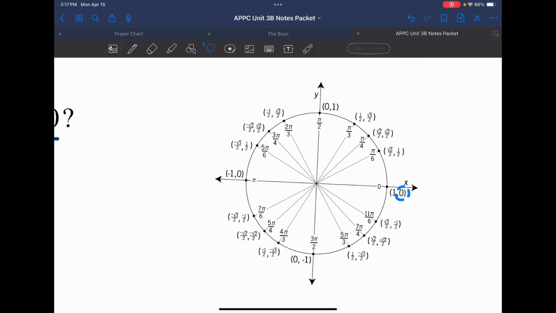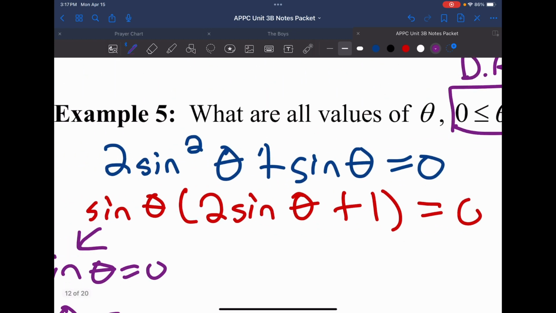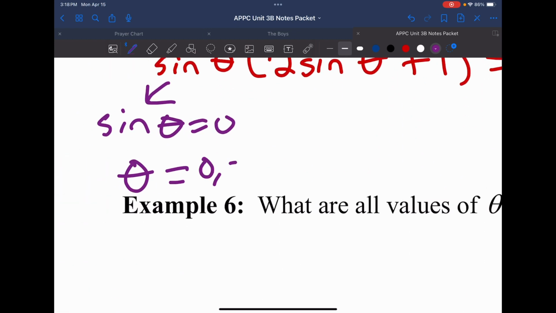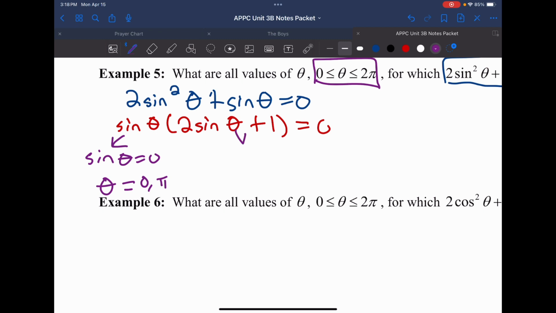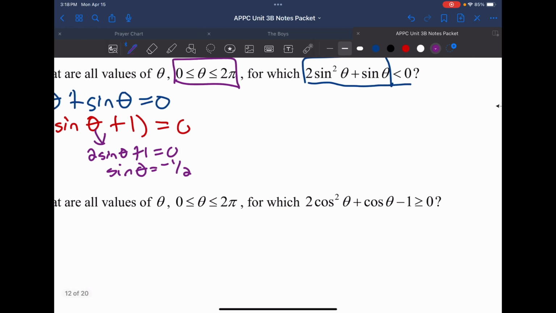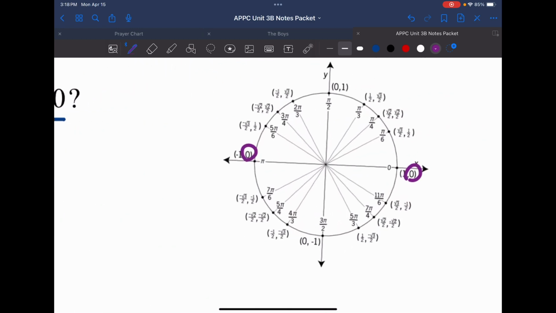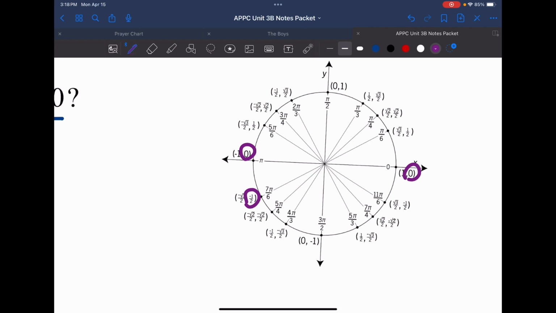That happens here and here. So 0 and pi, so theta is 0 and pi. And then this one, set it equal to 0 and solve. I'm going to skip some steps: sine of theta equals -1/2, minus the 1 and divide by 2. And that happens when my y coordinate is -1/2, which is here and here. So 7 pi over 6 and 11 pi over 6.